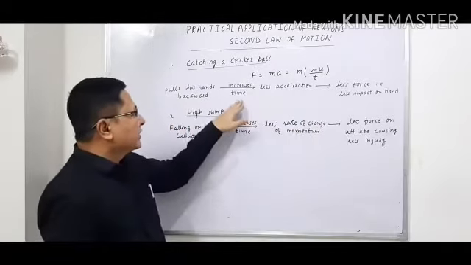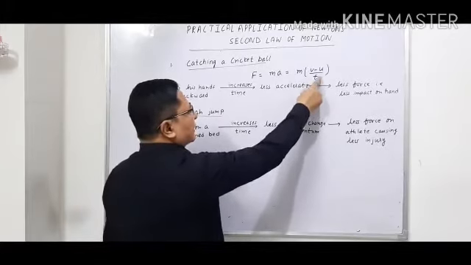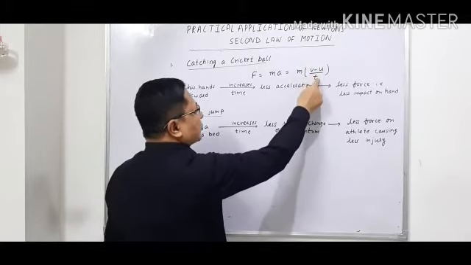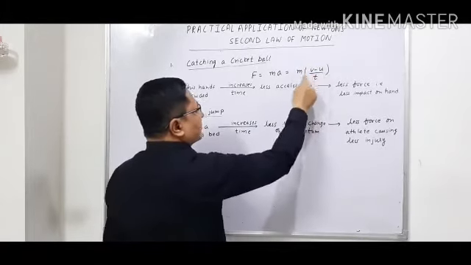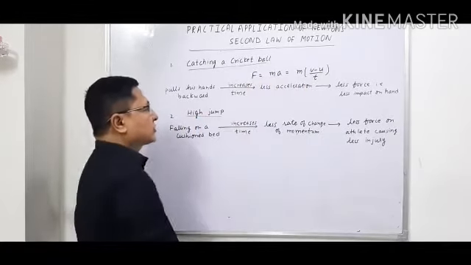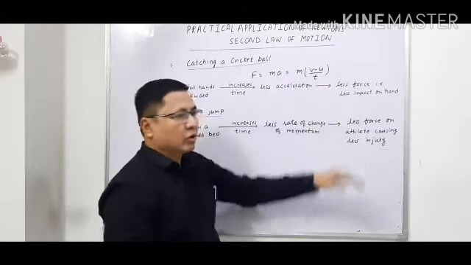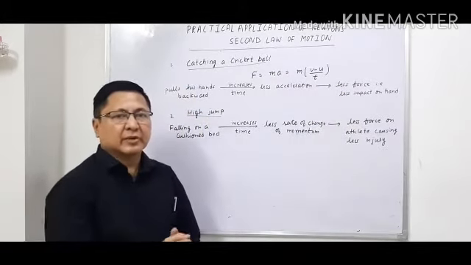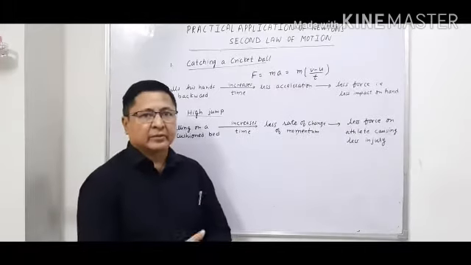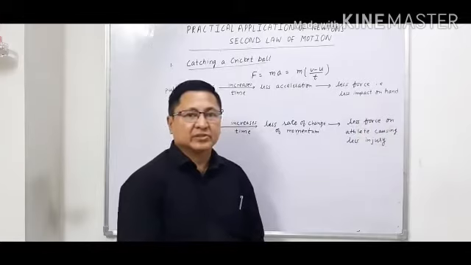Due to the increase in time, the acceleration, that is (v - u)/t, will become less. Since the acceleration is less, less force is applied to stop the ball. So less force will be applied on the hand, and there will be less impact on the hand and he will not get injured.